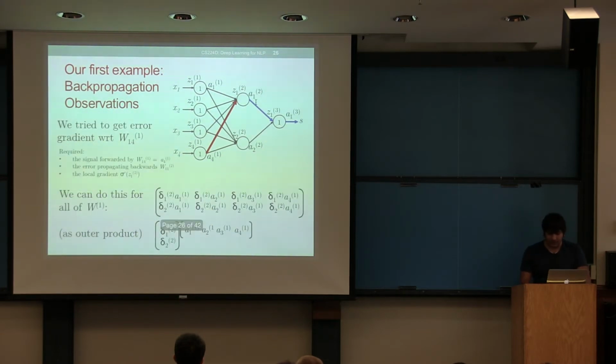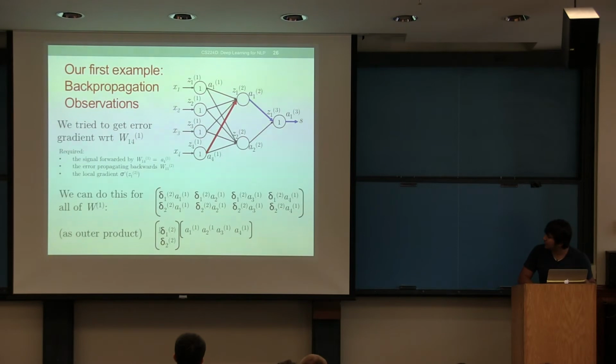Now this is rather cumbersome, and if you had to do this for every single element of the matrix, you could do it in the same manner and you'll end up with this formulation right here, this matrix over here. It's kind of cool how this can be written as an outer product, just as a result of linear algebra. It can be written as a delta vector, a column vector.